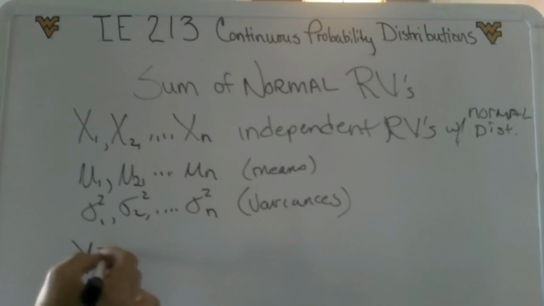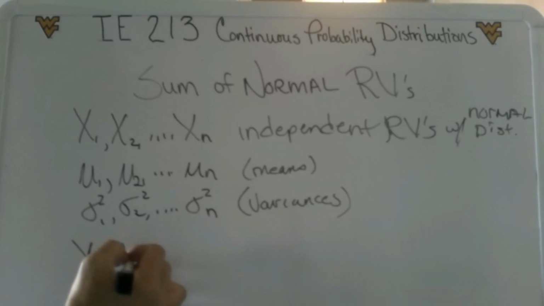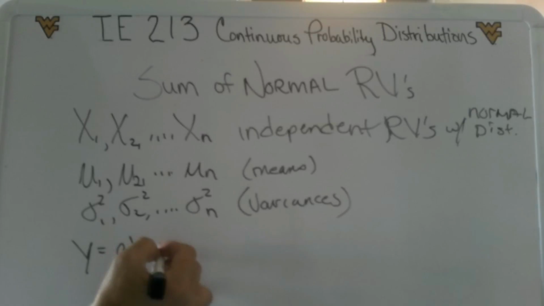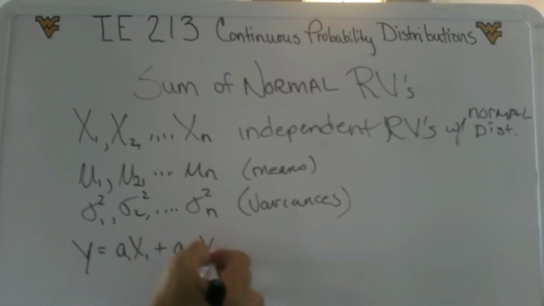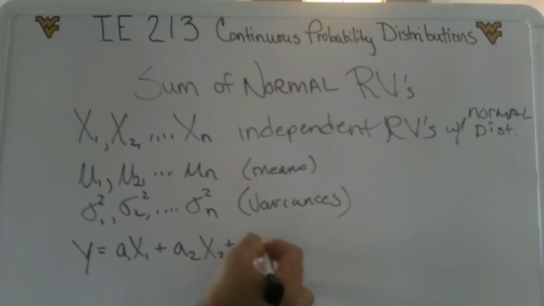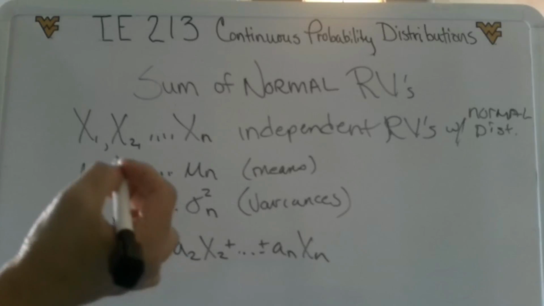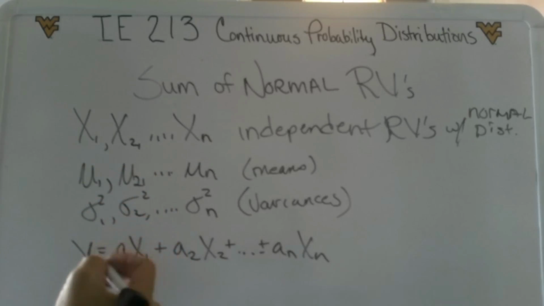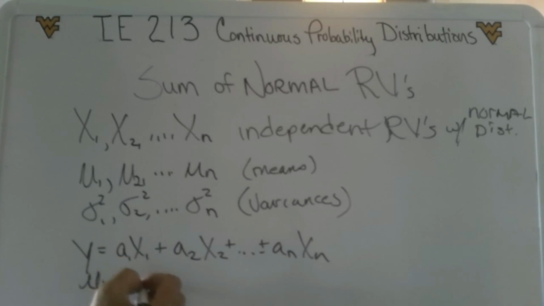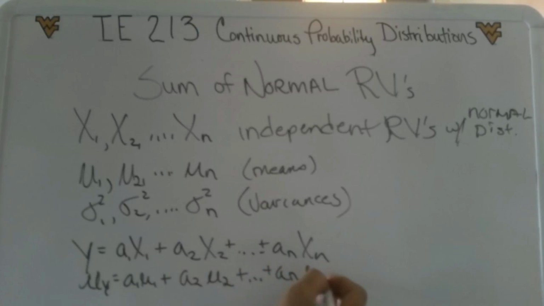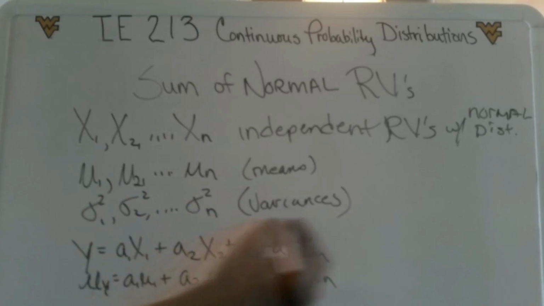Y equals a1, which is a constant, times X1, plus a2 X2, through an Xn, and has a normal distribution with mean mu y equal to a1 mu1 plus a2 mu2 plus through an mu-n, and the variance would follow suit.